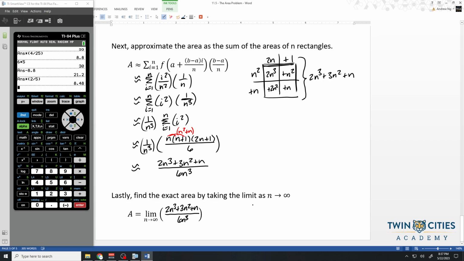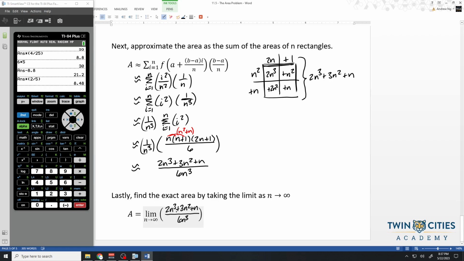What's the highest power in the top? What's the highest power in the bottom? If the highest power is on top, say this is n to the fifth, and the bottom is n squared, then the limit does not exist. If the highest power is in the bottom, let's reverse that, say the highest power in the top is 2 and the highest power in the bottom is 5, then the limit would be 0.